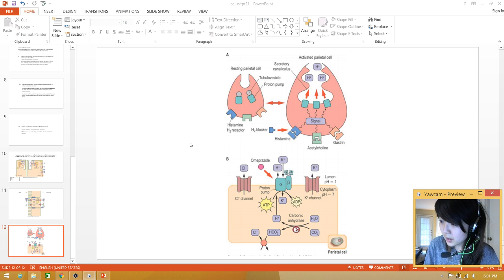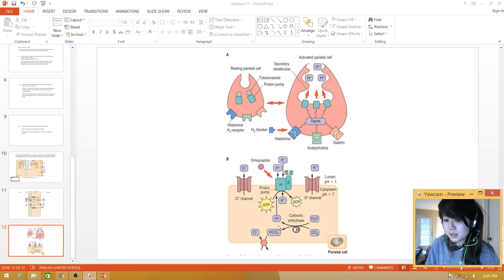And the very last picture shows acidification in the parietal cells of the stomach. So, protons right here, H plus, come from the reaction of water and carbon dioxide.